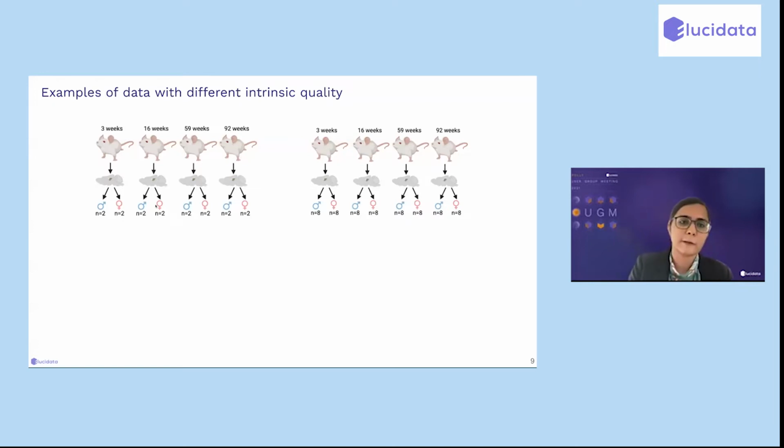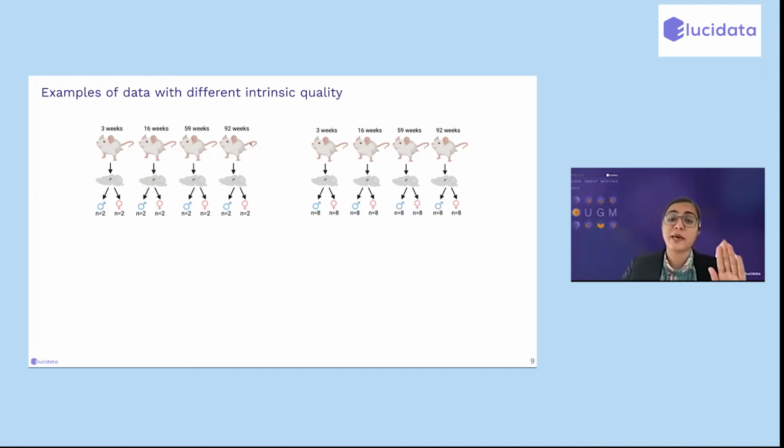So here is a very simple example on your screen, something that will be very obvious to most of us who work with any kind of data. On the left is an experiment where mice of different ages were taken, and the hippocampus in the brain of these mice was measured, and each group consisted of 2 male and 2 female mice.